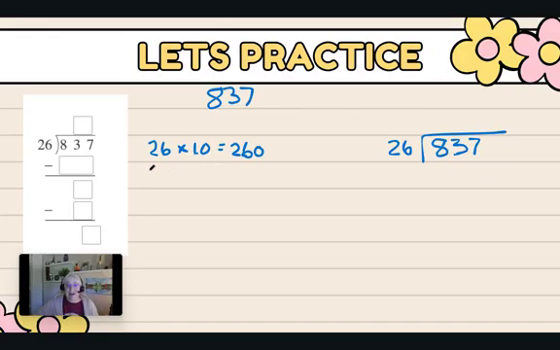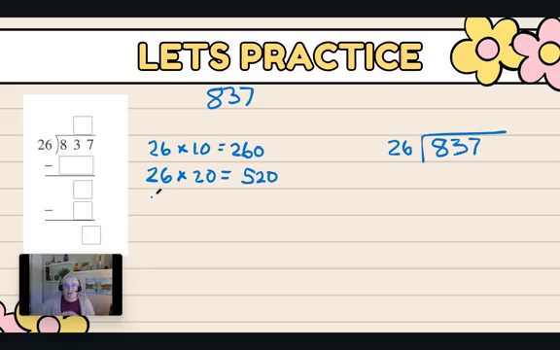So this is where I would continue to multiply. 26 times 20. Well, 26 times 2 is 52, and if I needed to do that on a different sheet of paper, I would. So 26 times 20 would be 520.